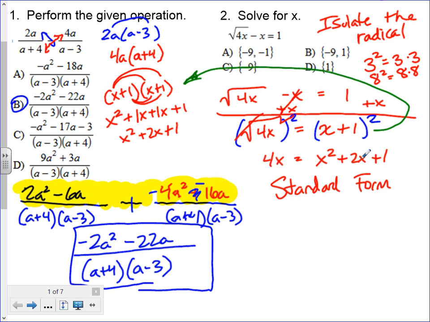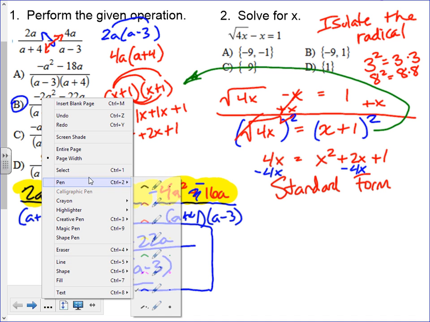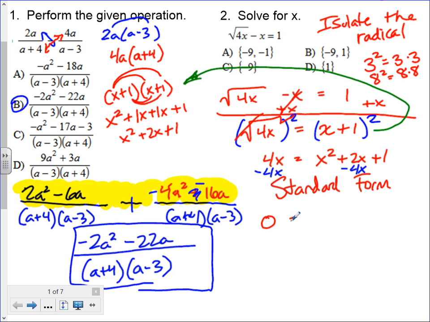You could move all this stuff over here, but I don't want to do all that. So what's the opposite of this? Yep. Good. So your new equation is 0 equals what? Good.